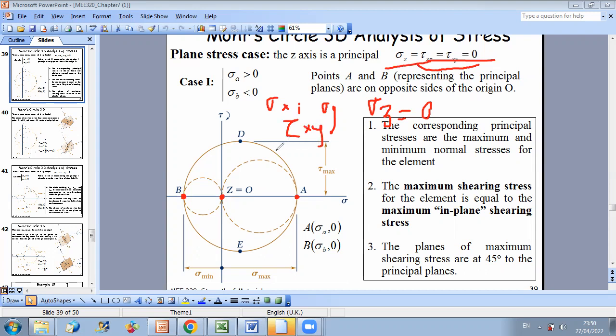Okay, so we said that once you know sigma x, sigma y, tau xy, point big X will have as coordinates sigma x and minus tau xy, and point big Y will have as coordinates, of course, the opposite to X, because we know that the angle between x and y is 90 degrees on the element.